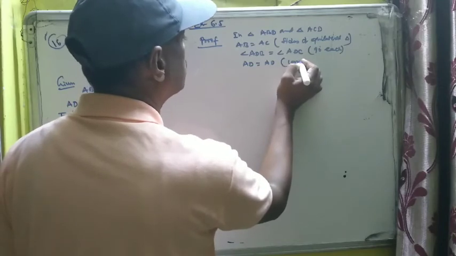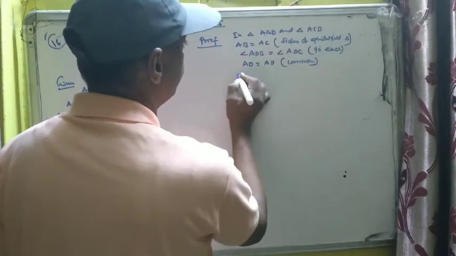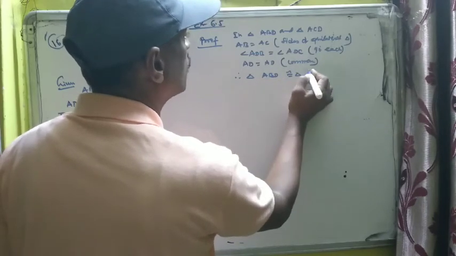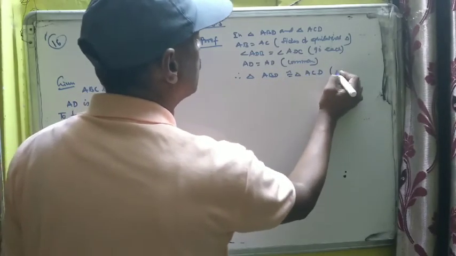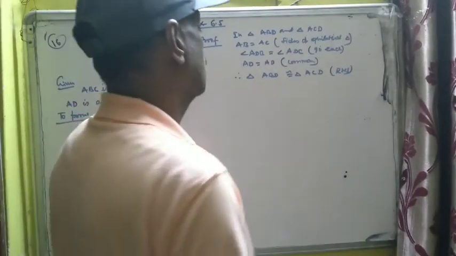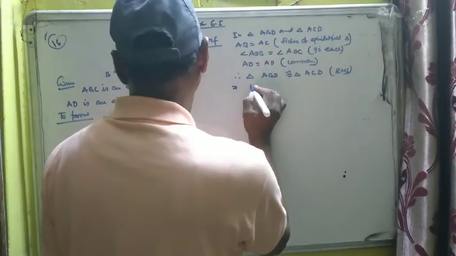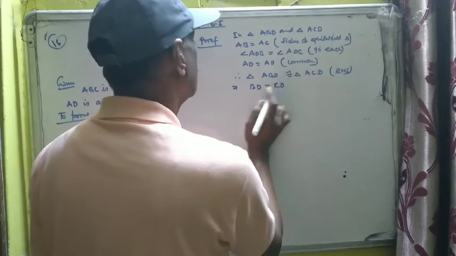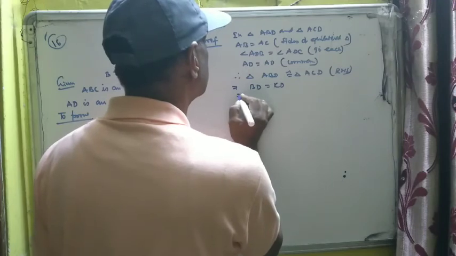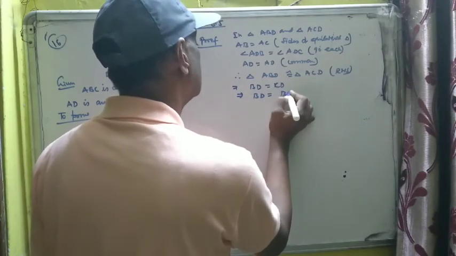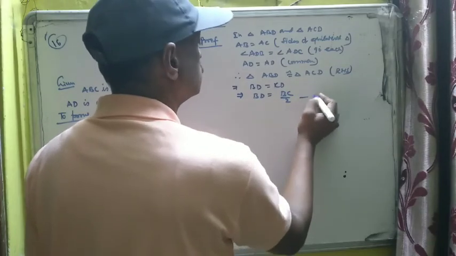This is common side. So therefore triangle ABD is congruent to triangle ACD by RHS. We have made it congruent, and after getting this we can write BD equal to CD. If BD equal to CD, then we can also write BD equal to BC by 2.